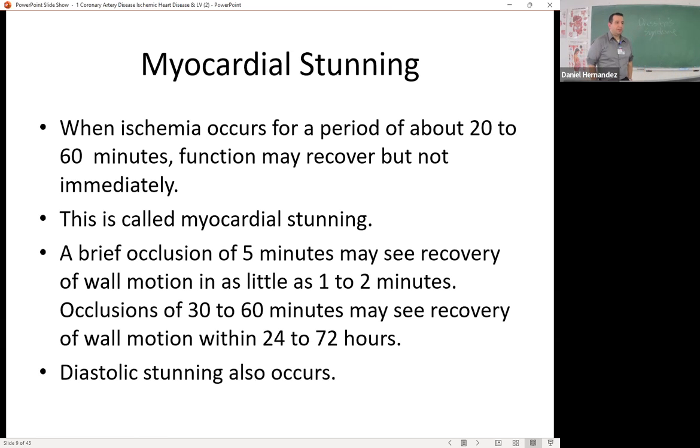Myocardial stunning. This is when ischemia occurs for a period of about 20 to 60 minutes. Function may recover, but not immediately. Think of it like a mini heart attack almost. This patient had a short period where they weren't receiving any blood flow to that myocardium.